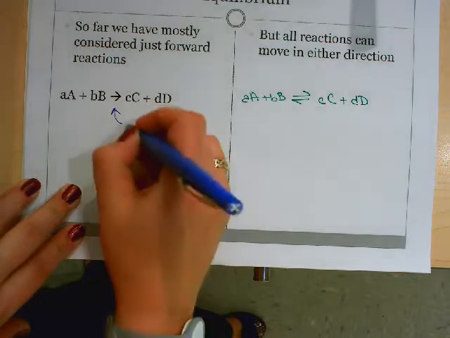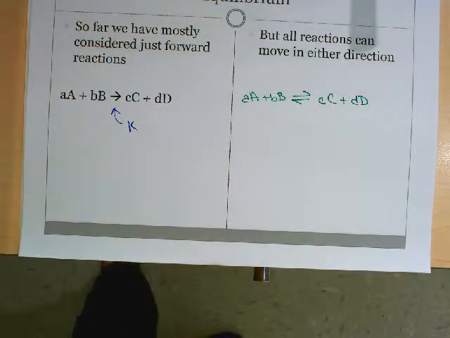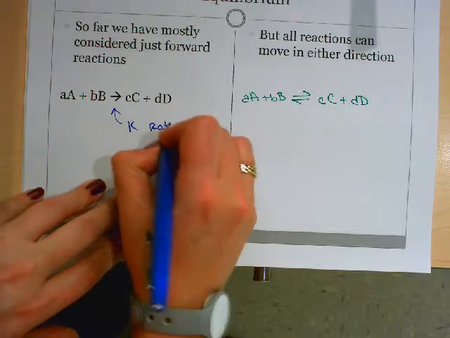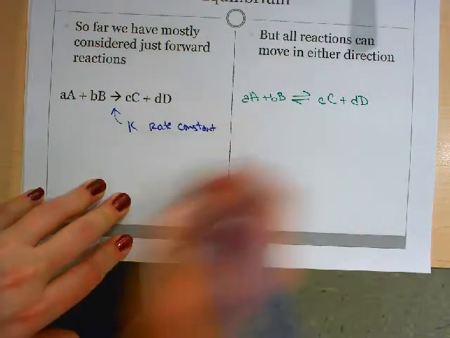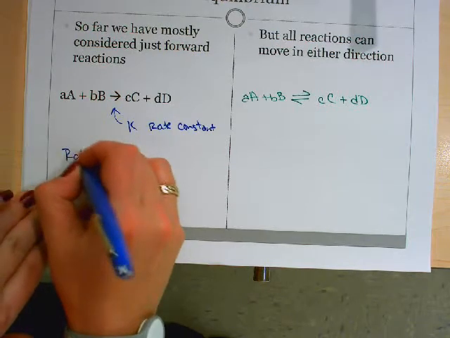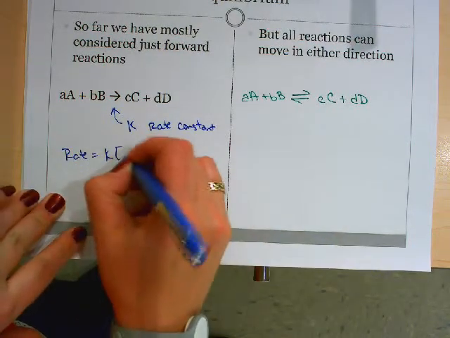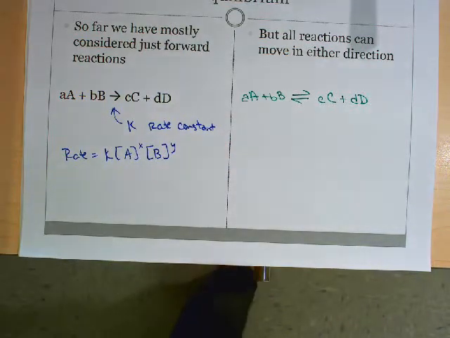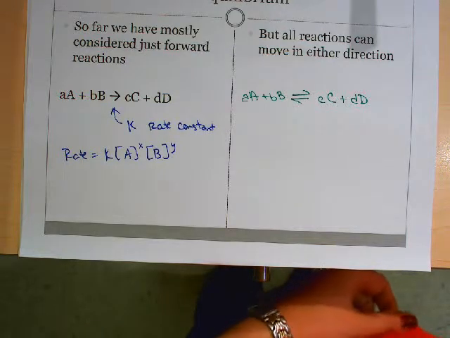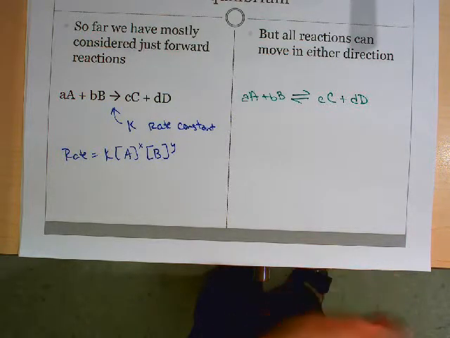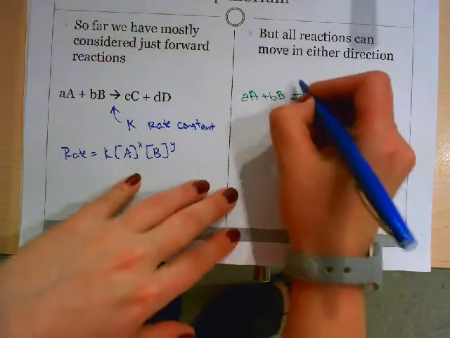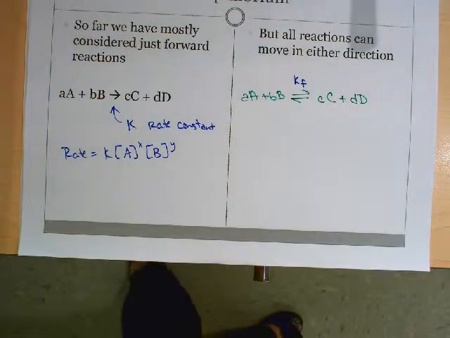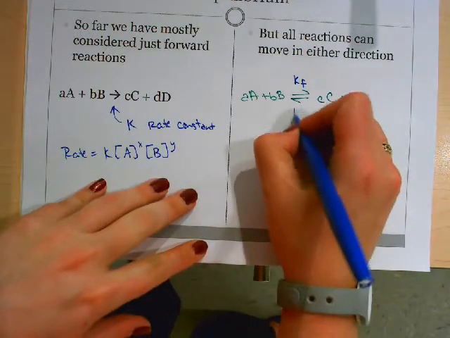So for these kinds of reactions, we just had k, right? k tells us the rate constant. Right, and we would have rate equals k, whatever that was. Well, that was baby steps, only having it go in one direction. In reality, we could have a rate constant going forward, and we also have a rate constant going backwards.